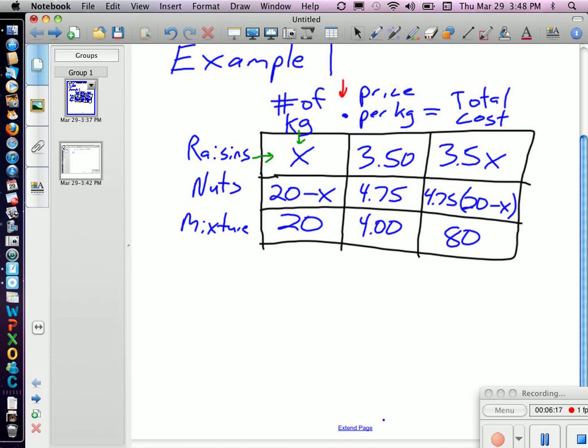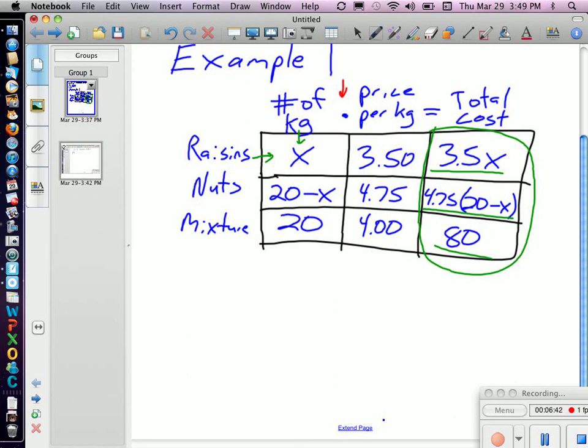The equations are going to be almost exactly the same every time. Essentially, we're going to say total cost of the raisins added to the total cost of the nuts is going to equal the total cost of the mixture. So just like most of the charts we've done in the past, the equation comes from that right column there.